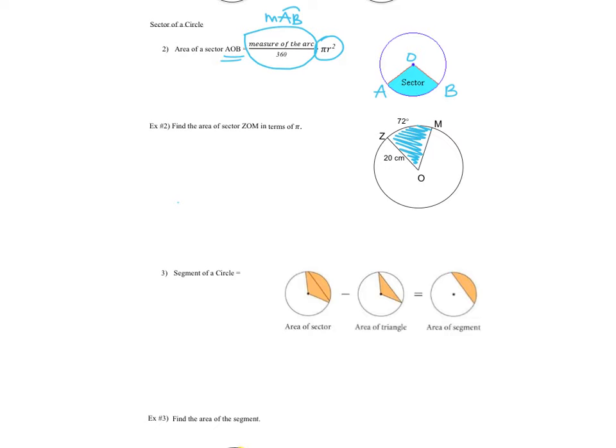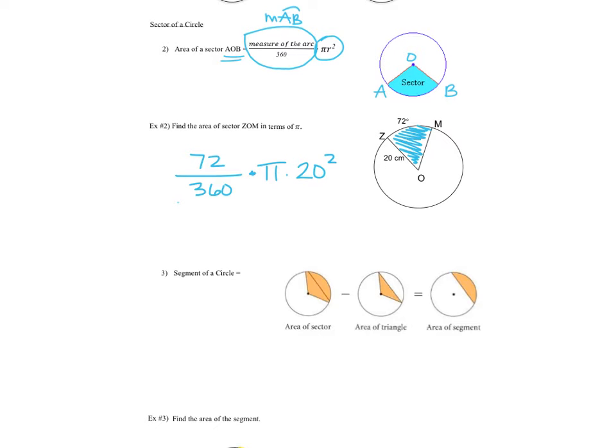Okay, so using the formula, what's going to go on top of that fraction? What is the measure of your arc? 72. So we're going to say 72 over 360, like the formula says, times what? Pi r squared. So pi times 20 squared.